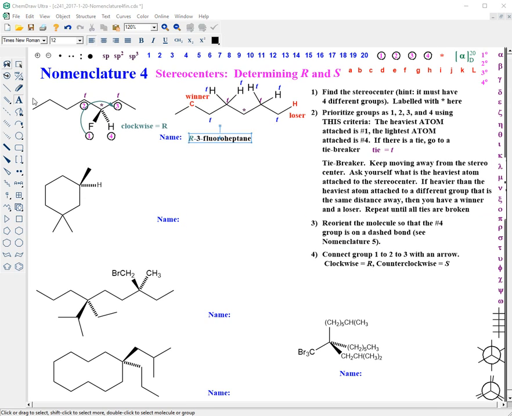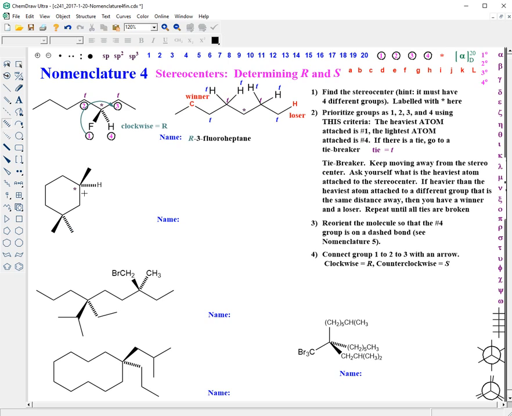Moving on to our next stereocenter. This is a stereocenter. This carbon is not. Even if I had it drawn with a wedge and a dash, it is not a stereocenter. Why? Because a methyl is the same group as a methyl.